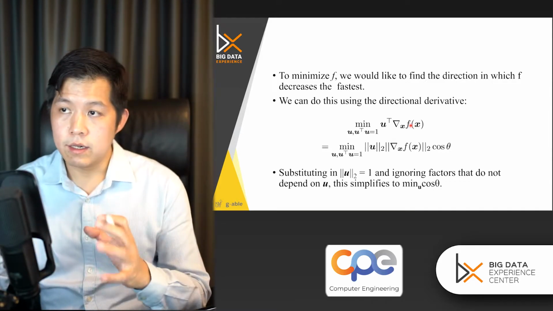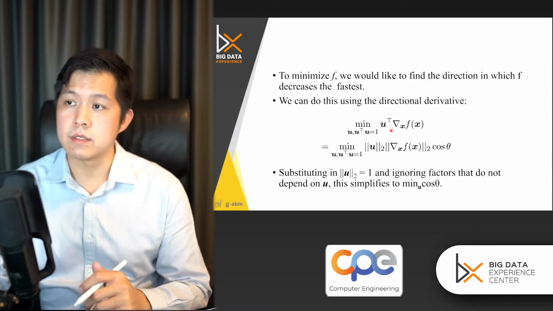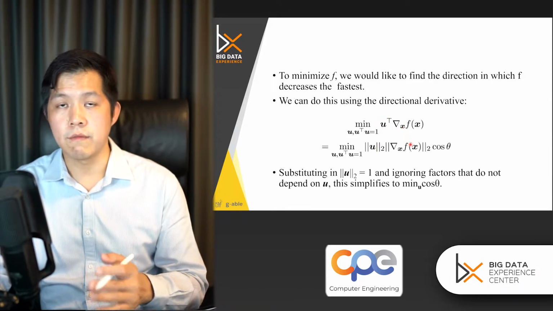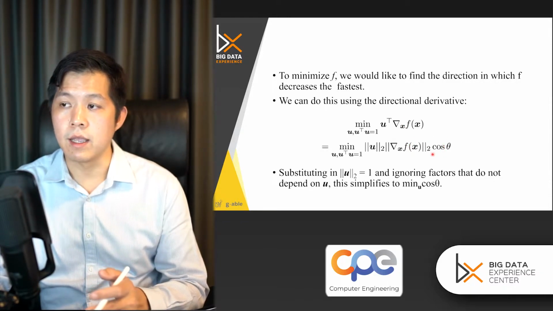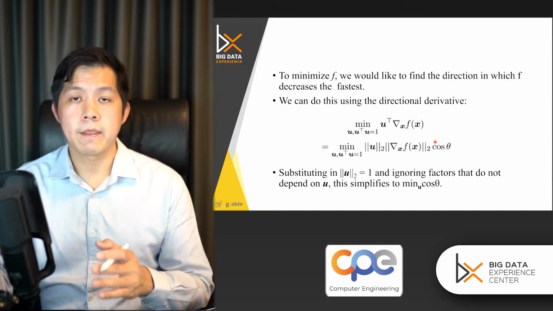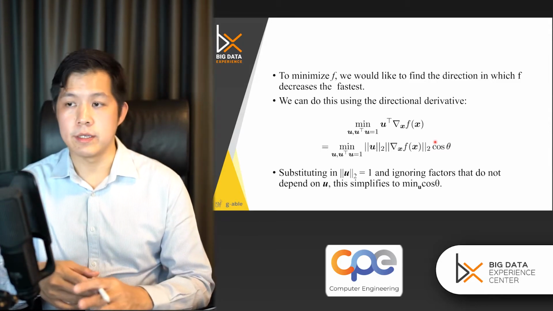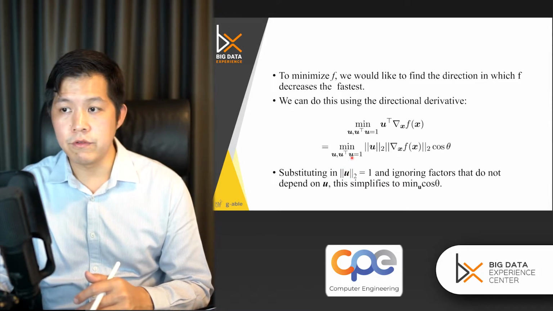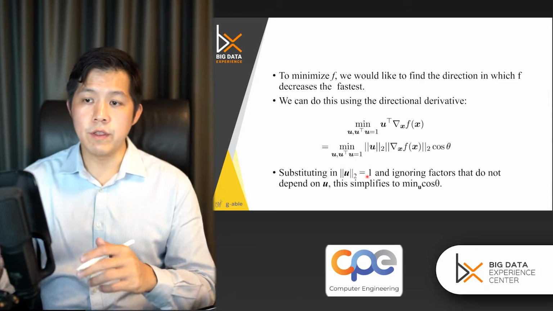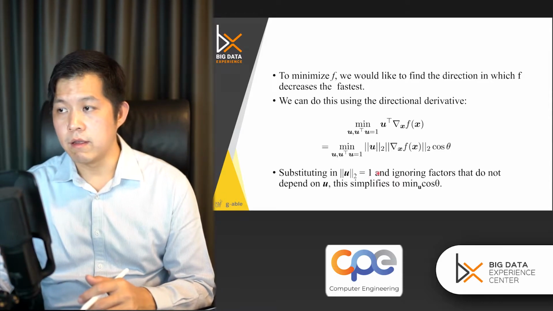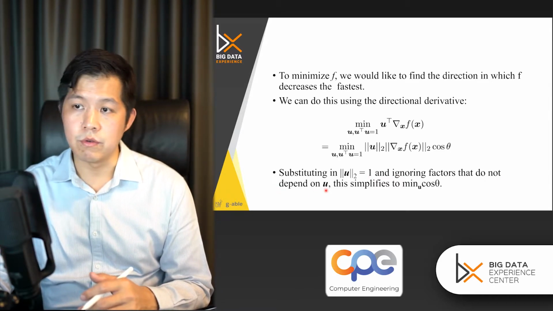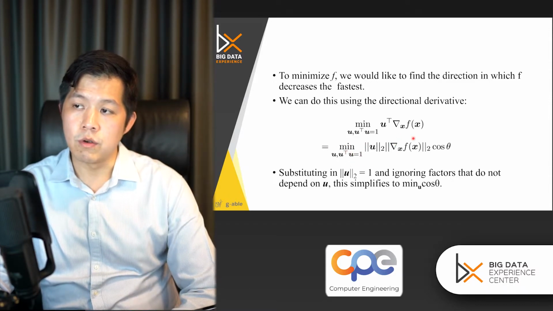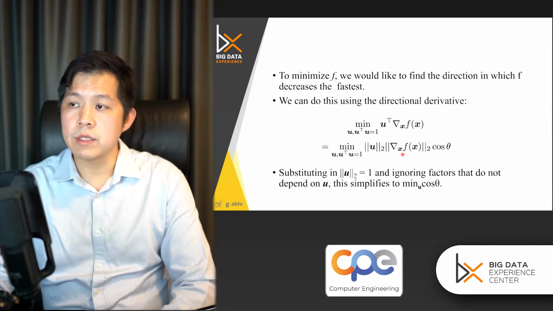And the dot product of the two vectors is the size of the first vector, the size of the second vector, and cos theta, which is the angle between the two vectors, right? So we know that the size of u equals 1, and if we ignore the other factors that do not depend on u, because we are talking about u, then this would also be 1, and that would result in cos theta.